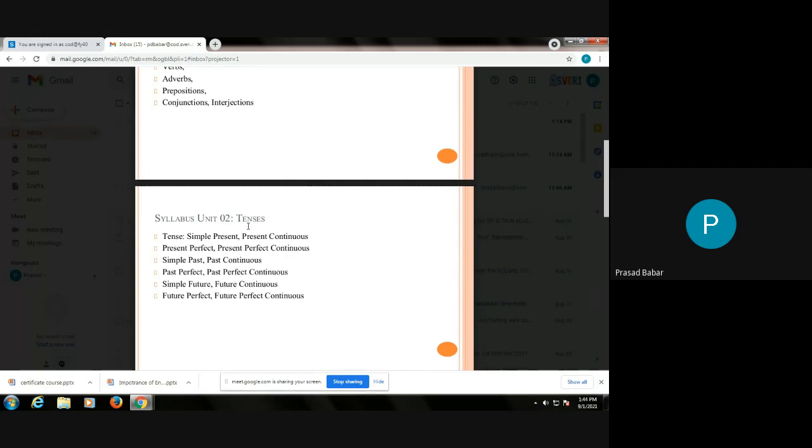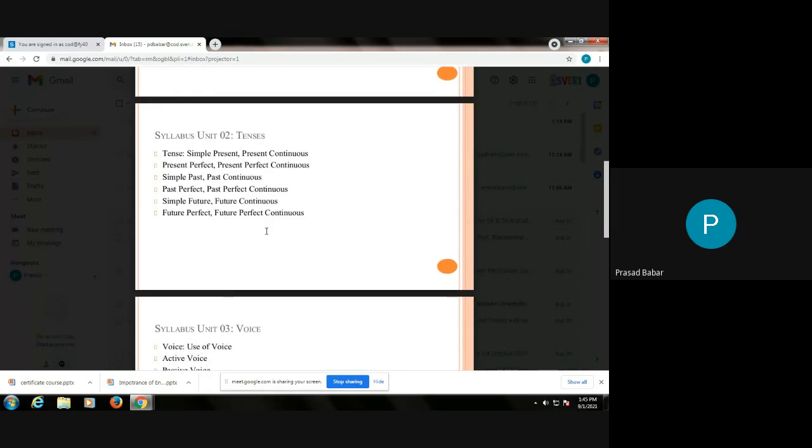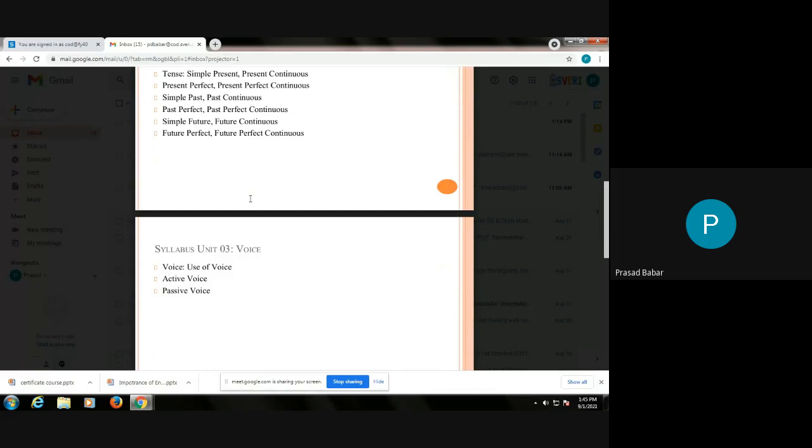And in these 3 main types there come 4 subtypes, and these 4 subtypes are simple, continuous, perfect and perfect continuous. So it becomes 12 tenses. So there are 12 tenses that we will have to study for the English language.